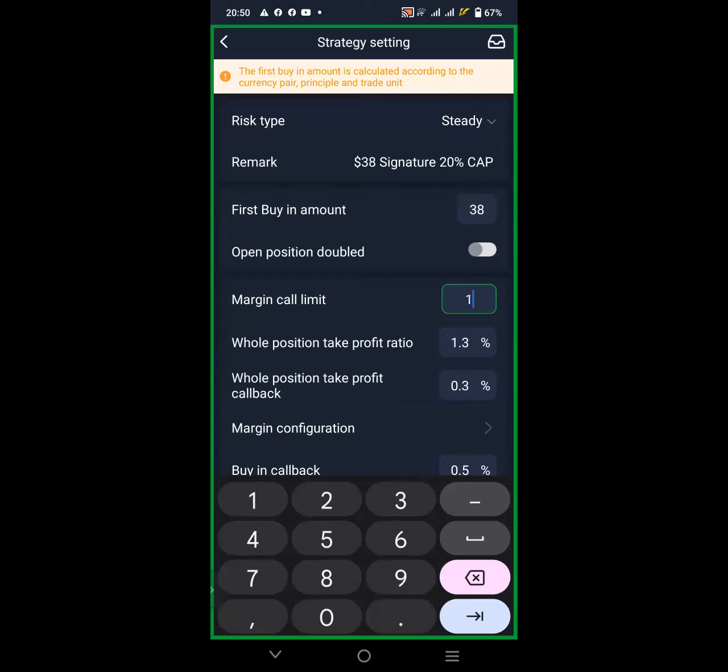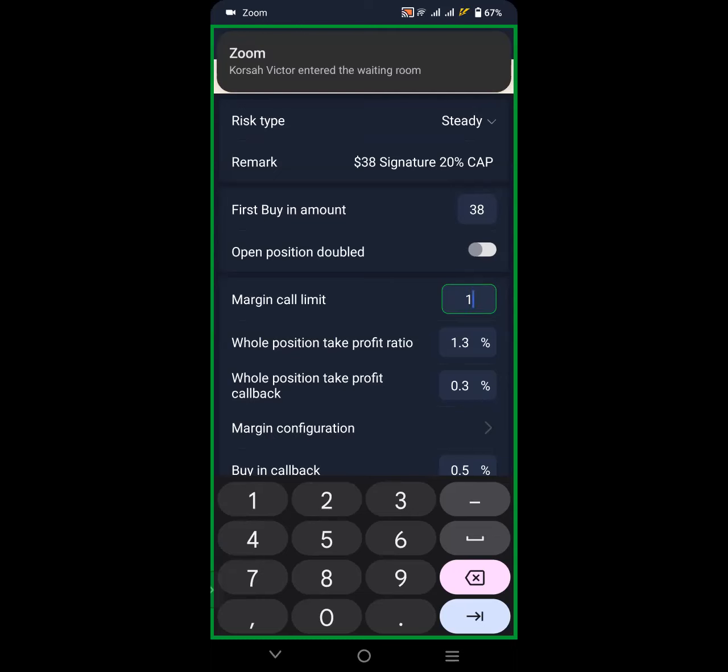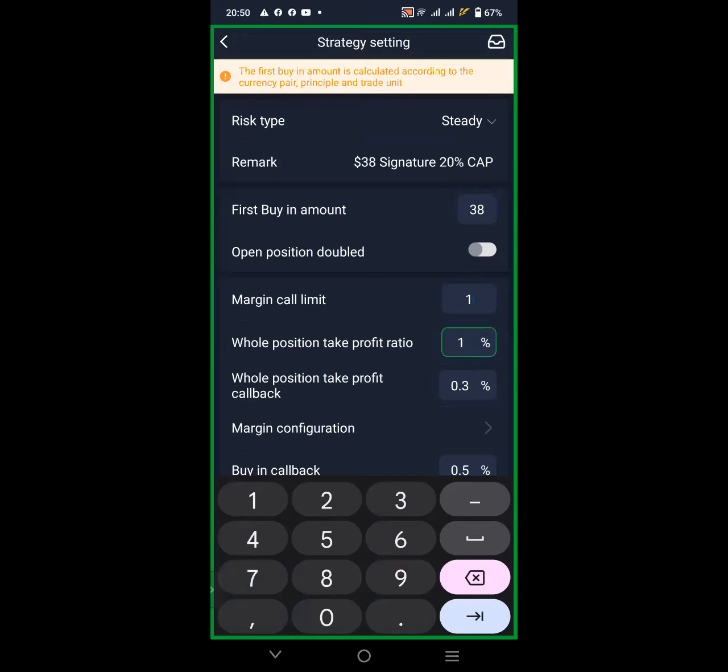Below there, there's a whole position take profit ratio. Whole position take profit ratio is your take profit percentage. You see at the moment we have 1.3%. So instead of 1.3, just leave 1% there. And then as transactions take place, you will be able to edit this, but we're going to explain it later.